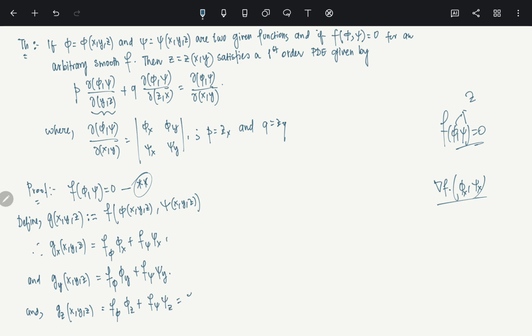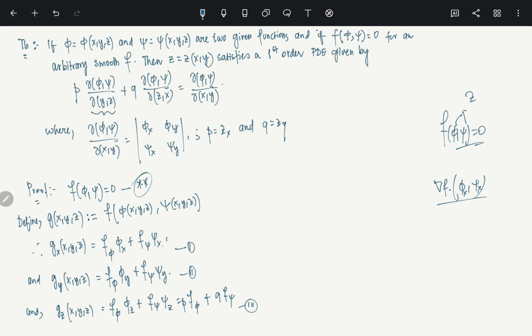So that will be nothing but p times f_phi plus q times f_psi. Now what you do is, if you put all of these three relations together, maybe I can put it like 1, 2 and 1, 2, 3.